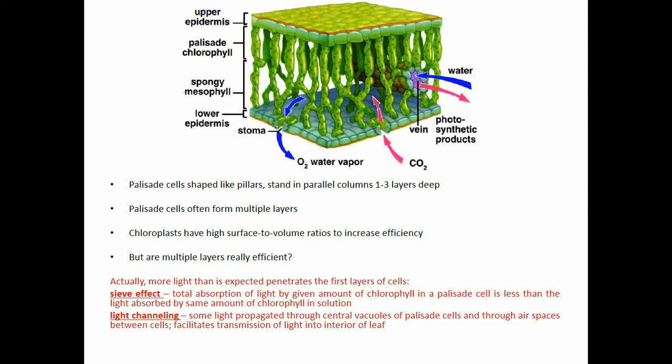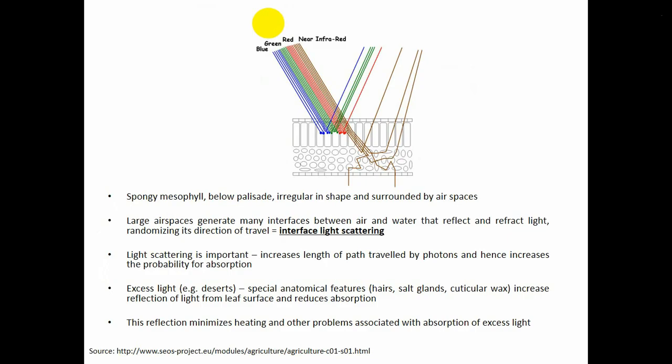So you don't really need multiple layers. Whereas for something that's in the sun, it's a good idea. So the leaf is adapting to harness light most efficiently, depending on its environmental situation.